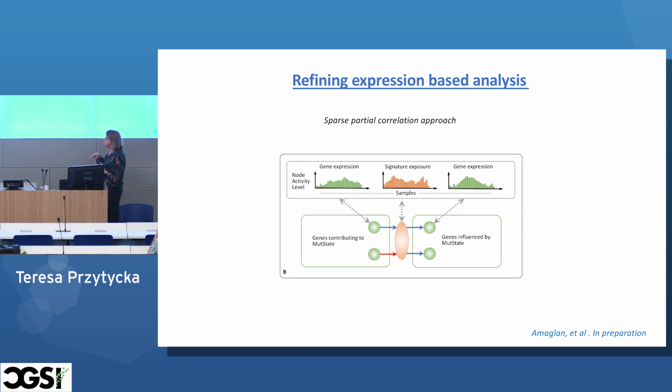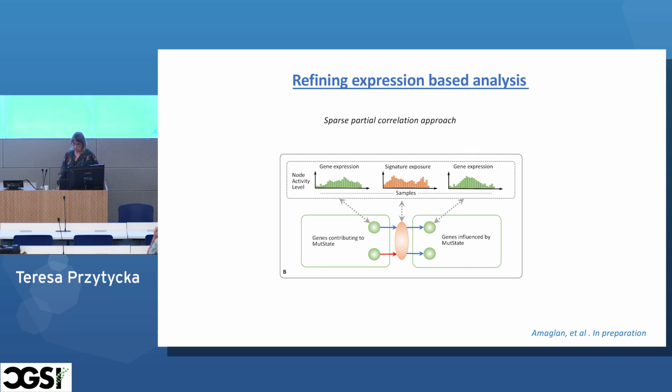Genes are here in green, signatures are in orange. We know that whether it's a gene or a signature, we can associate with it an activity. Activity of a gene is gene expression, activity of a signature is strength. So we can play with the correlation, and this is in fact what we've done in the previous slide, but now rather than looking at the correlation, we look at the partial correlation, and in addition we add the assumption that those correlations need to be sparse.